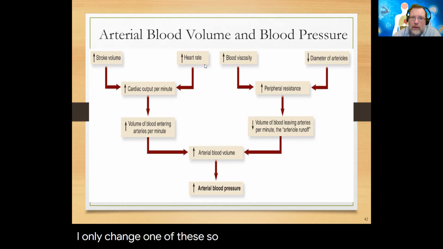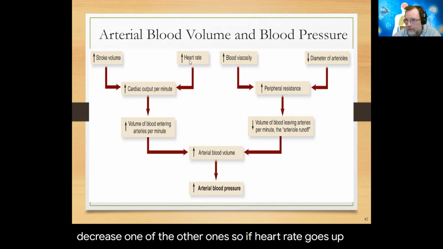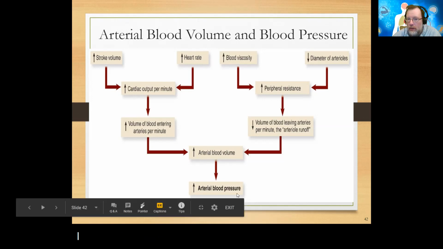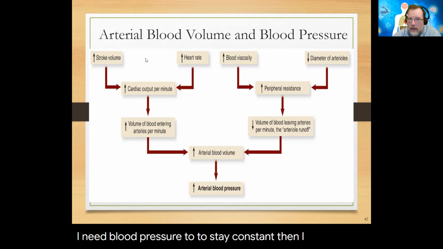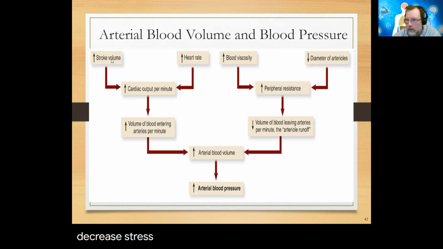So what your body will do to compensate for one of these being off is it will potentially try to decrease one of the other ones. So if heart rate goes up, but I need blood pressure to stay constant, then I either can decrease stroke volume or decrease peripheral resistance.